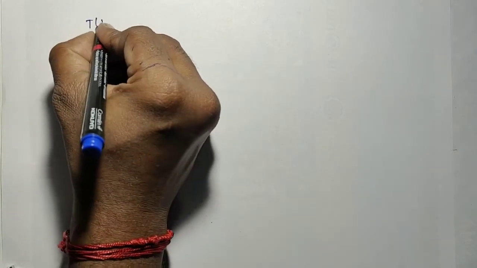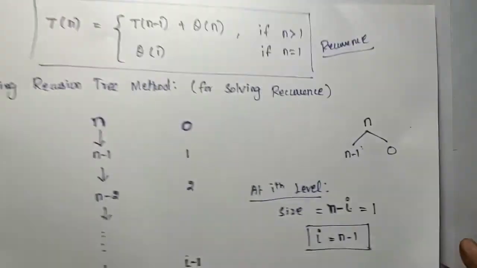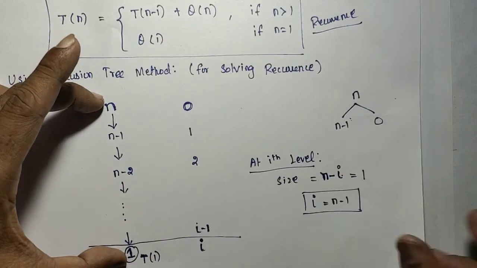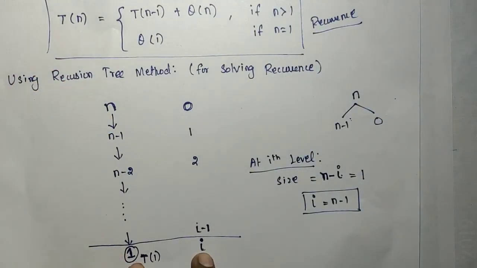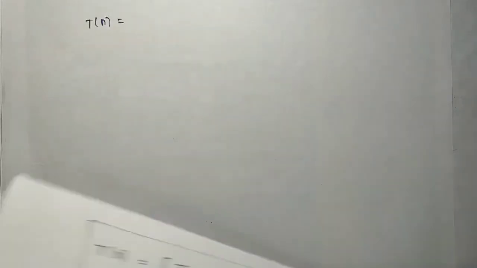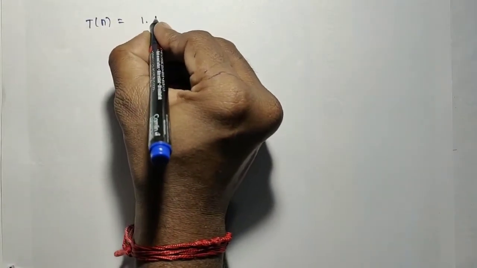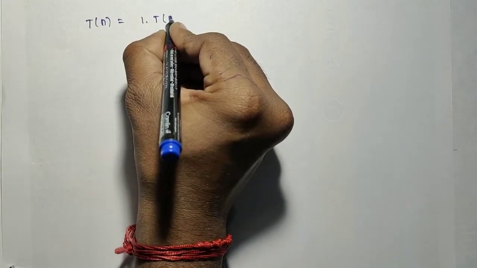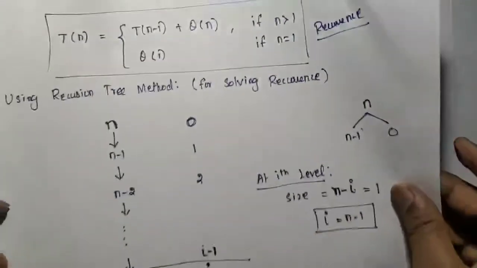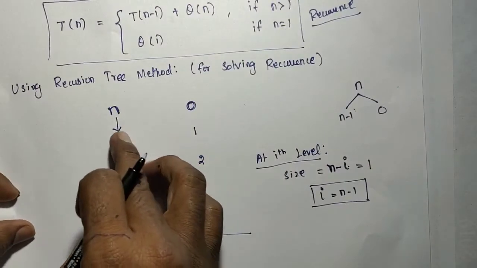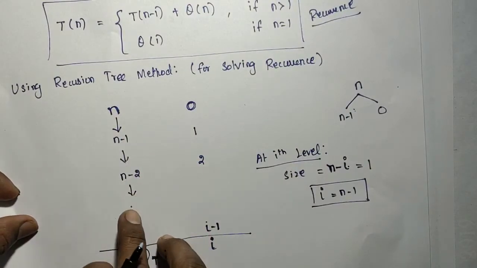So the time complexity T of n is equal to the addition of this entire thing. In the ith level the size is 1, so 1 into that time complexity, that is T of 1. So 1 into T of 1 at the ith level, plus I need to add all the sizes, n, n minus 1, n minus 2, like this.